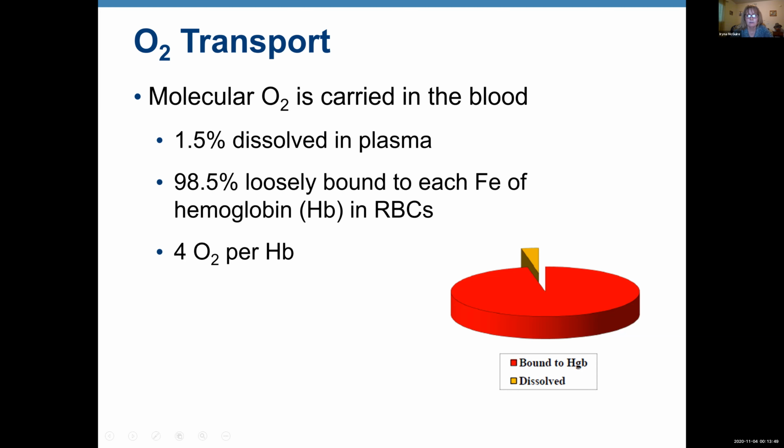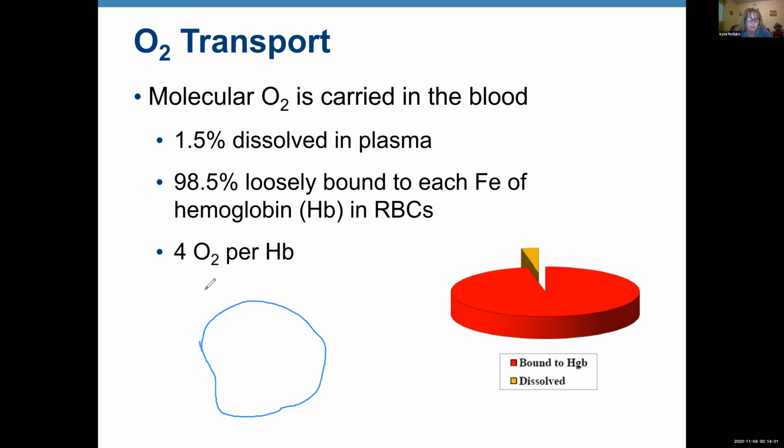Let me draw it very quickly. For example, if this is a molecule of hemoglobin, of course that's a protein, so this is globin. And then we have heme. So here's the heme group, here's the heme group, here's the heme. This is in your lab lecture.